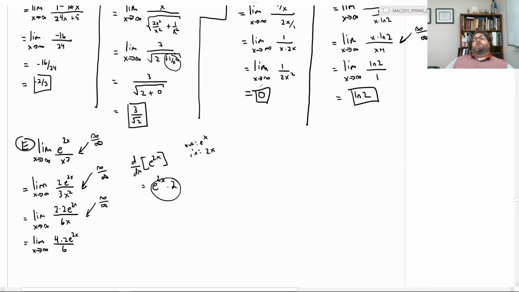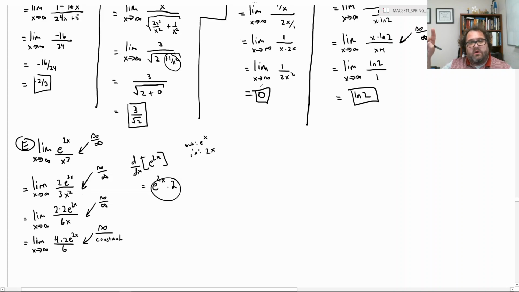And now I think it should be obvious what the answer is, because the denominator is a constant. The top is not a constant. It's an exponential, which is going off to infinity. So now we don't have L'Hopital's rule form because the top is infinity, but the bottom is a constant. But that should tell you what our answer is.